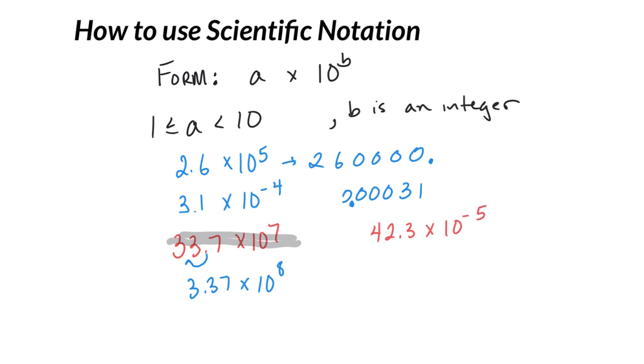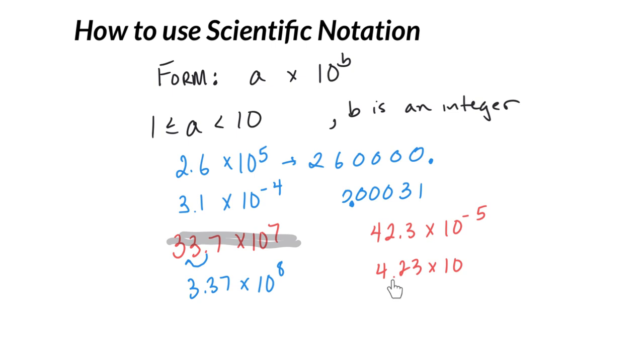Again, that's incorrect. We don't want it to say 42.3. That's a poorer form. We want it to be 4.23 times 10 to something. Now, here, this said you should move it 5 times. So you'd say 1, 2, like that. But now I already moved it once. I have it there.